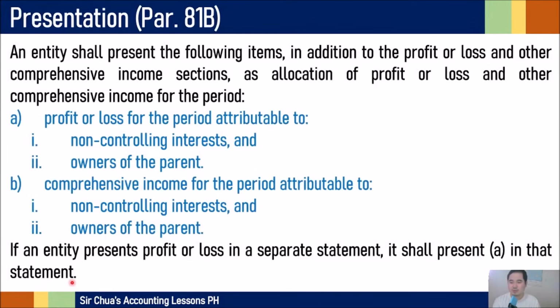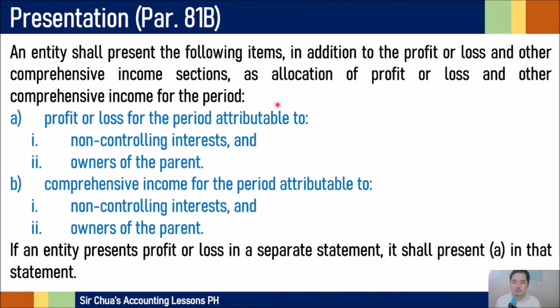Okay, so according po sa paragraph 81B, ito po yung additional information that we need to provide. An entity shall present the following items in addition to the profit or loss and other comprehensive income sections. Ina-allocate daw po dapat natin yung ating profit or loss or yung net income under profit or loss.